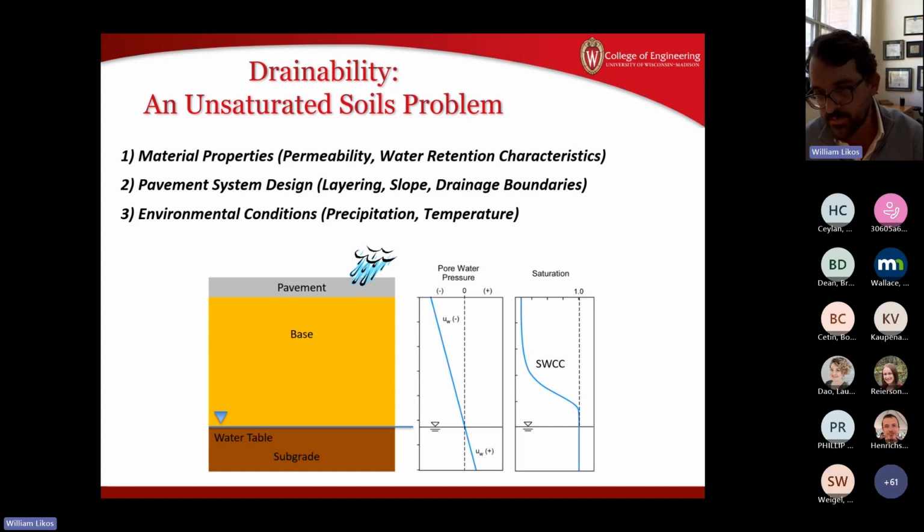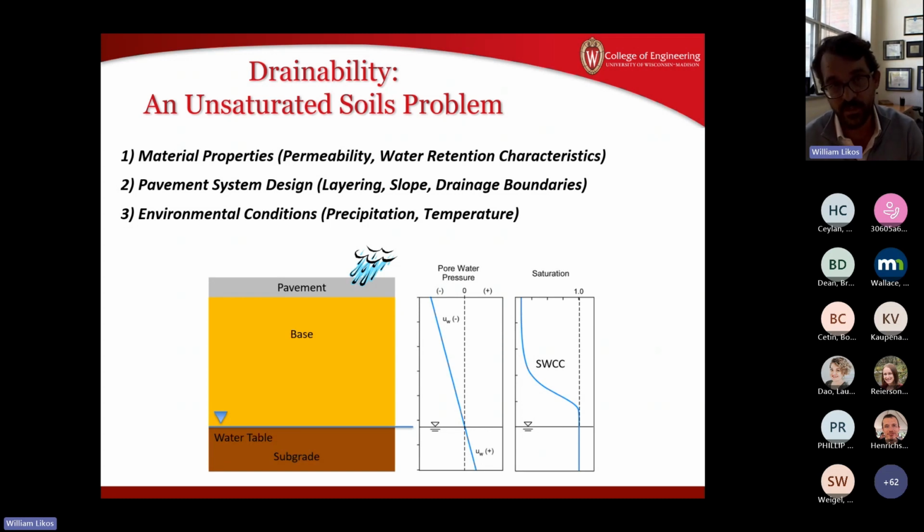And so saturated hydraulic conductivity and the water retention characteristics which produce the soil water characteristic curve over there on the right. We also have control over the design of the system itself, the various layering, any slope at the surface, any natural or engineered drainage boundaries. Those are also going to play a role in not just how much water is delivered to the system in the first place, but how it can be diverted, for example, without penetrating into the base.